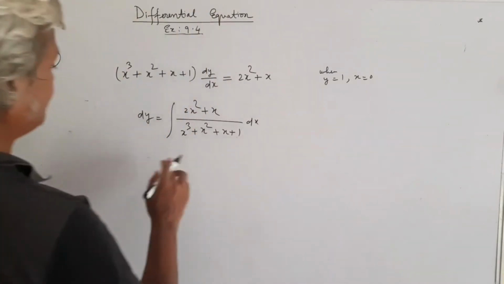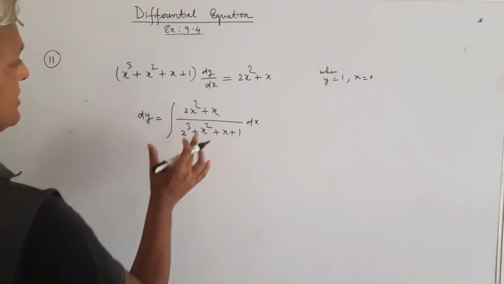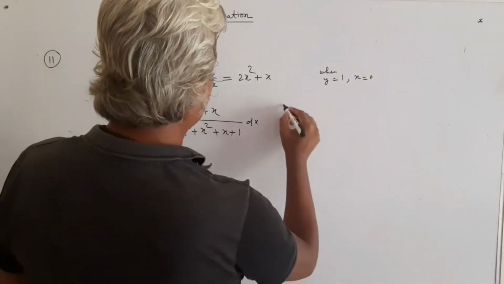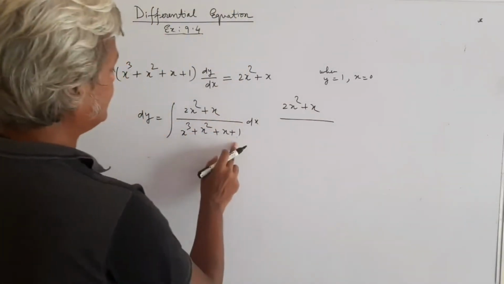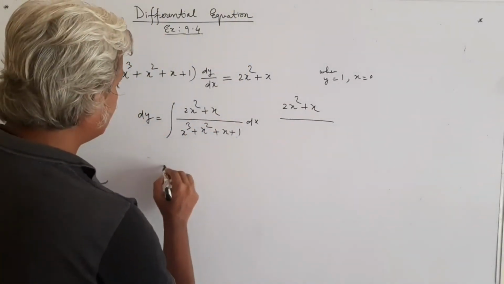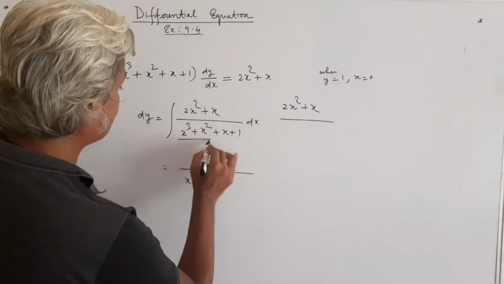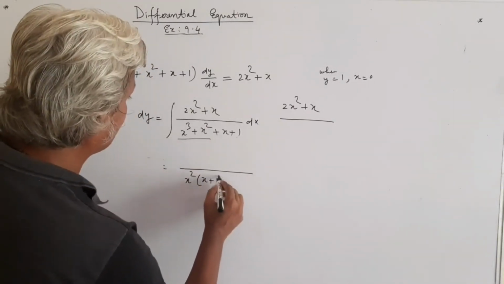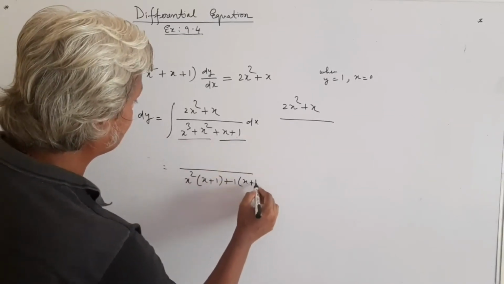First I have to simplify. I have to express this into some other form. So here this is 2x square plus x over, from these two if I take x square common, I'll get x plus 1, and if I take 1 common from these two, I get x plus 1.